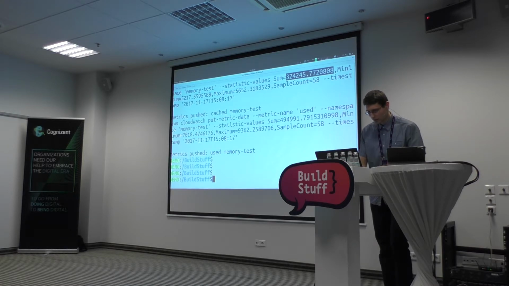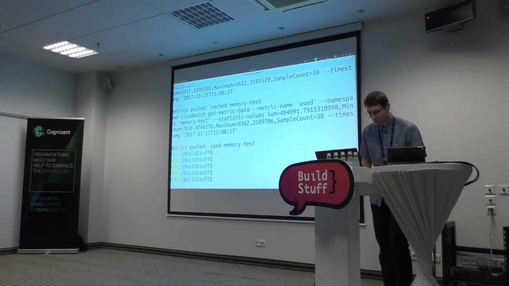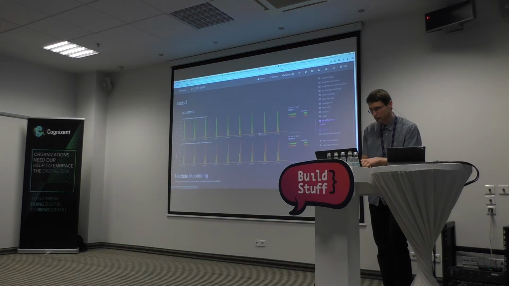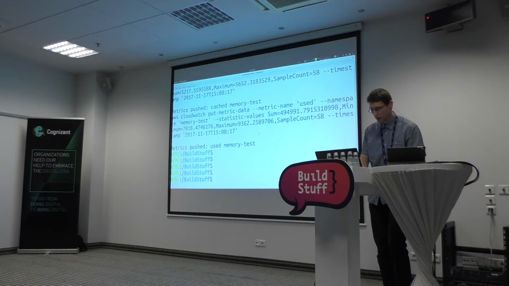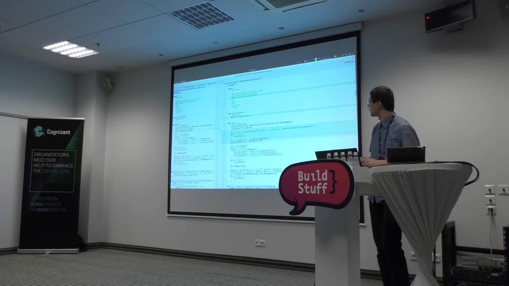Okay, so the last exotic thing I want to show you is what I have here. I saw that we can add some custom metrics to the application, and it can be done using the StatsD protocol. And if you have any application, this is the real one.